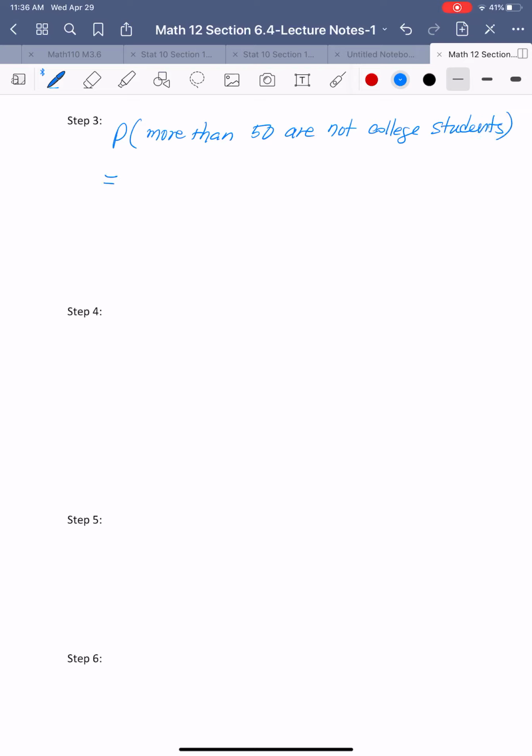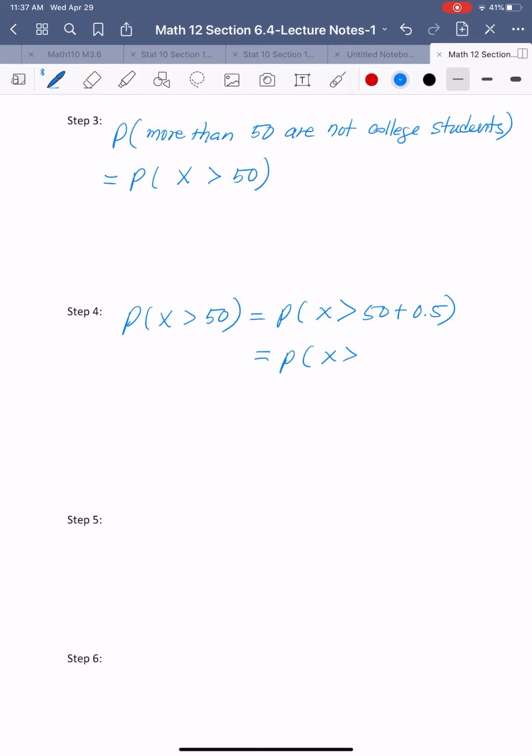So as notation, we say x is greater than 50. Then in step 4, we rewrite the problem using the continuity correction factor. P of x greater than 50 is the same as P of x greater than 50 plus 0.5, so we say P of x is greater than 50.5.